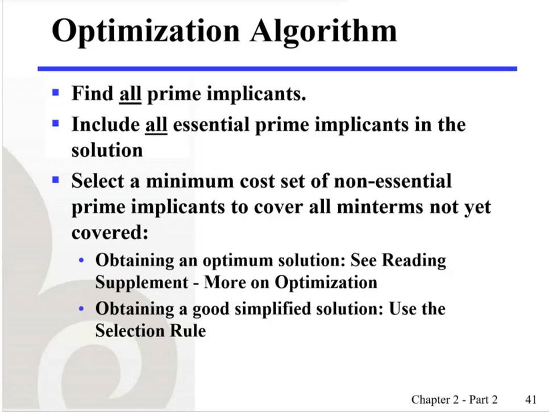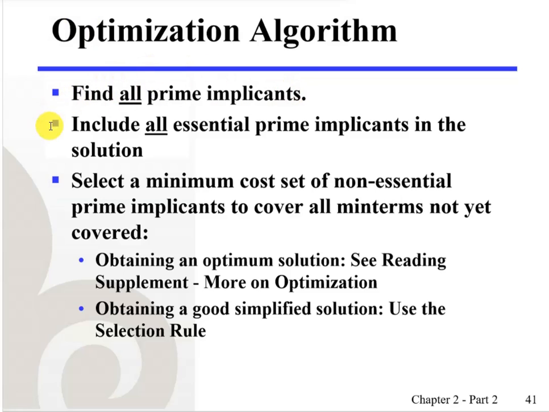We have studied the K-map so far and have seen several examples of how we can perform optimization using the K-map, and now we have the don't cares as well. So there is a specific set of steps recommended for the optimization algorithm. First, we find all prime implicants.